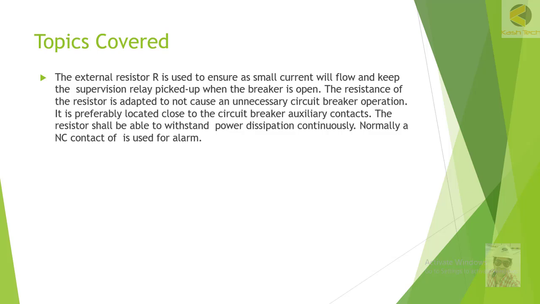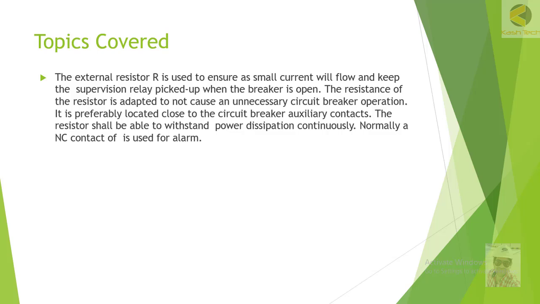The resistor shall be able to withstand power dissipation continuously. The normally closed contact is used for alarm. So this we have studied, that the normally closed contact is used for the alarm circuit for the trip circuit supervision, and it's clearly mentioned that the burden of the sensing relay, the coil, is not enough.